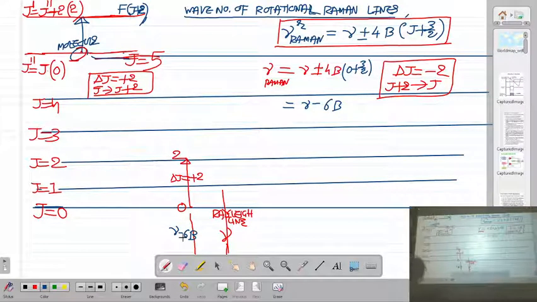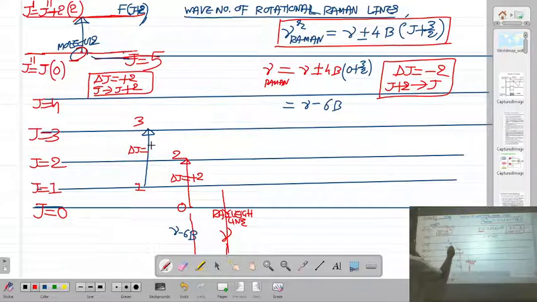Then next, when the molecule makes a transition from level 1 to 3, again the difference of rotational quantum number will be 3 minus 1, which is plus 2. That will give another rotational line. What is the wave number of this rotational line?